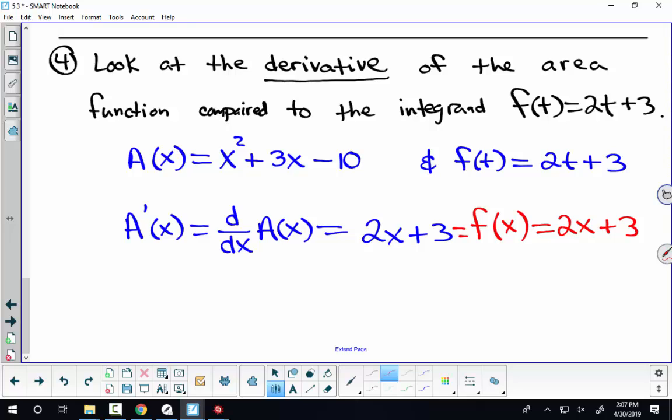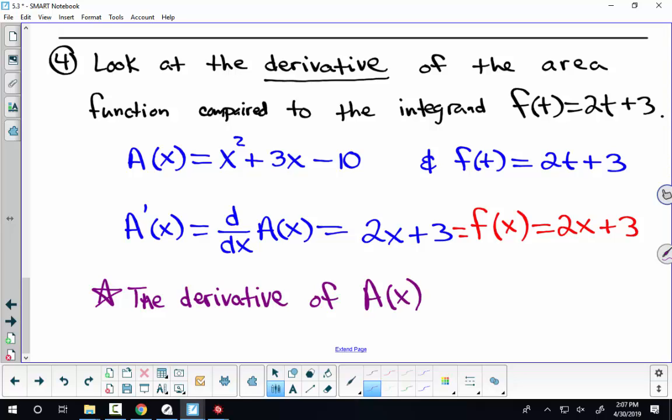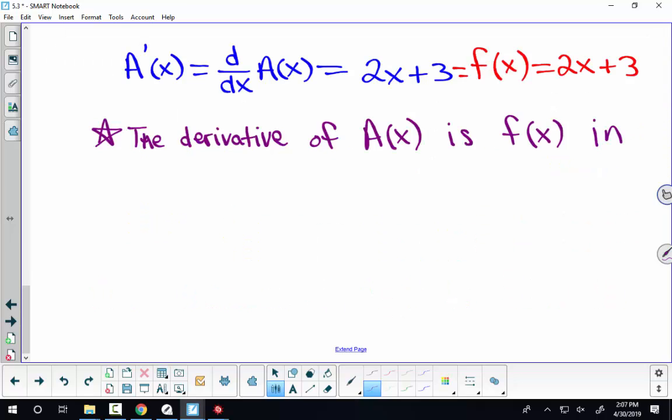So let me make a note. Let's make a note of that because we see that here explicitly. It's an important one. The derivative of the area function here in this example is f of x, and where that lowercase f of x came from was this right here.